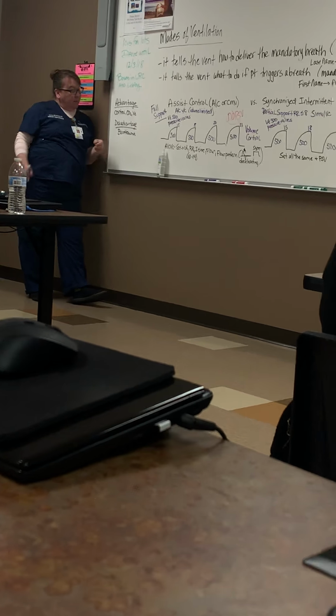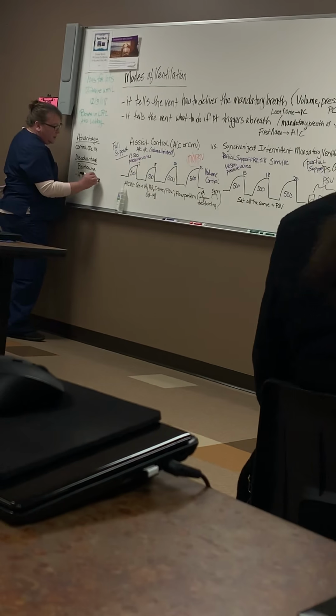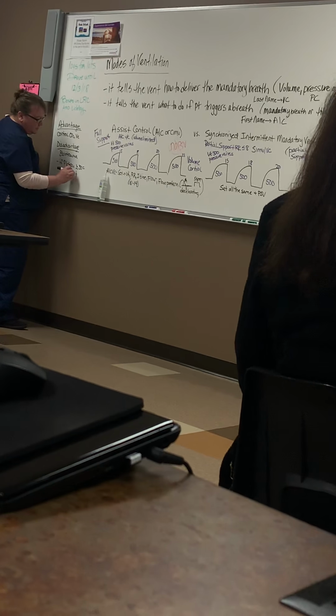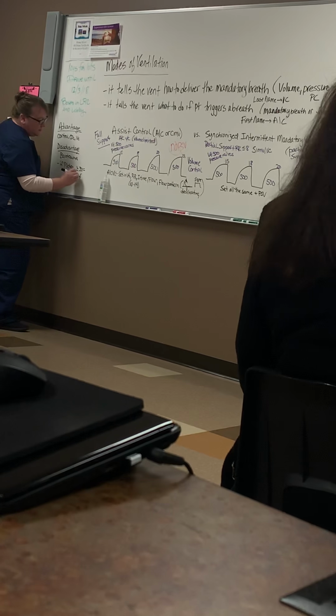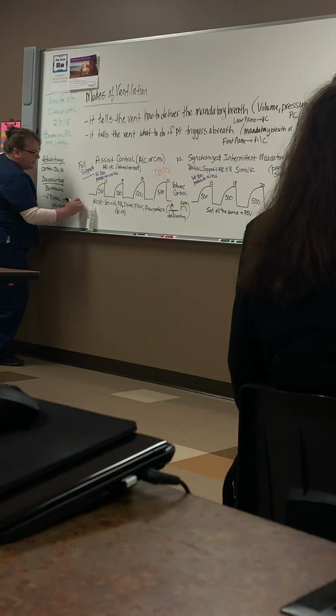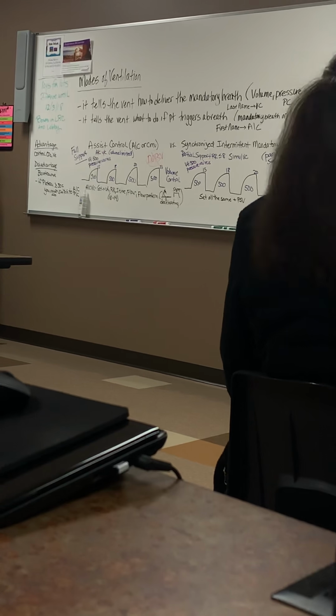Well, we can talk about it now. When we're talking about barotrauma, if your plateau is greater than or equal to 30, you must switch to pressure control. Must. To AC PC, which is the next mode we're going to talk about, because that's considered lung protection mode.